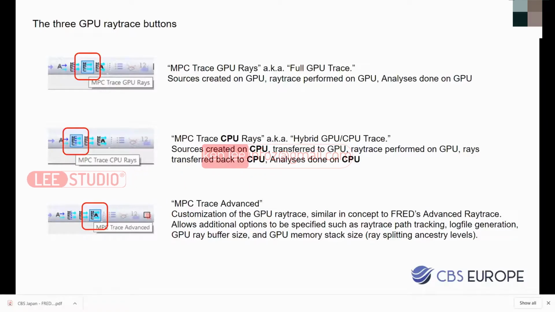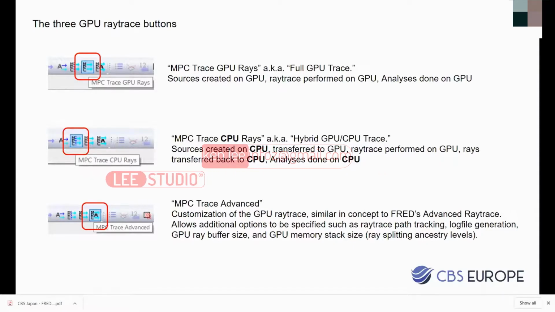The second reason is that when you do the calculations on the GPU boards, the GPU boards are very powerful for processing calculations, but not very flexible in terms of if you want to do any sort of processing or running a script to look at the ray data yourself, things like that.